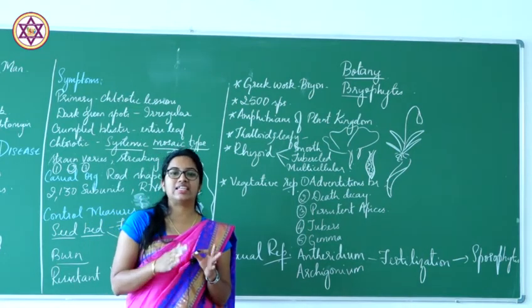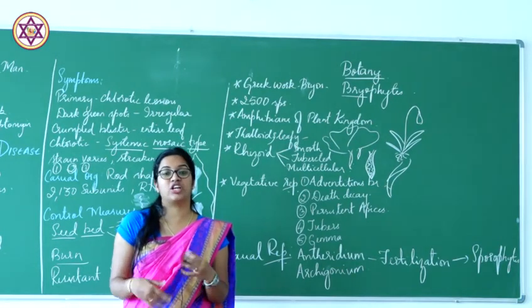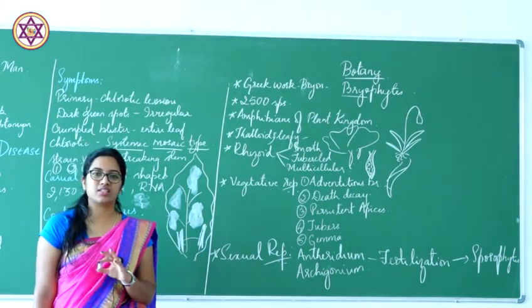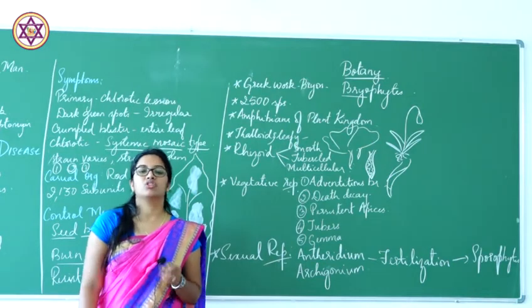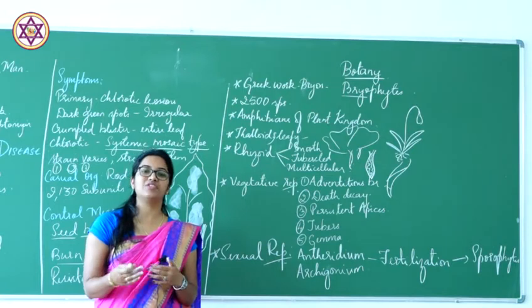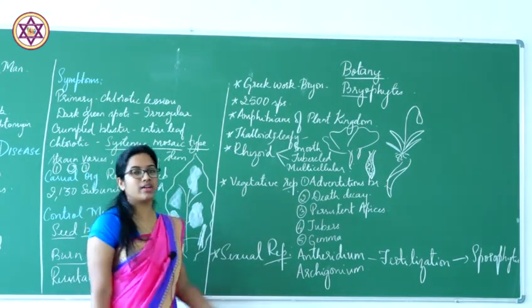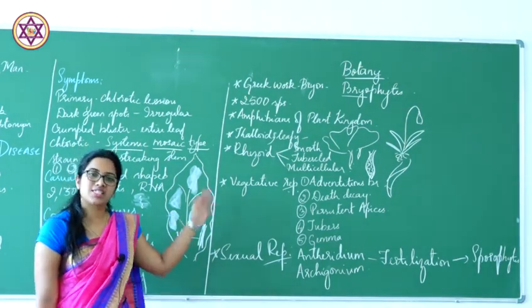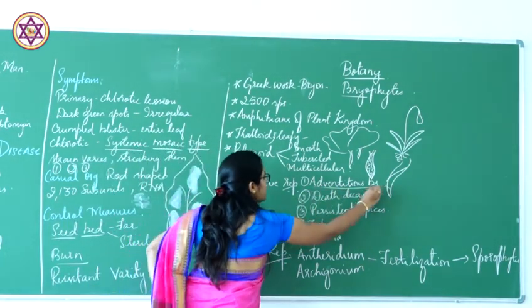Any time the plant will not survive luxuriantly; only when the climatic condition is conducive does it grow. In case there is an unfavorable condition, vegetative reproduction is what helps to survive or perpetuate this particular bryophyte. So the first one is adventitious branches.